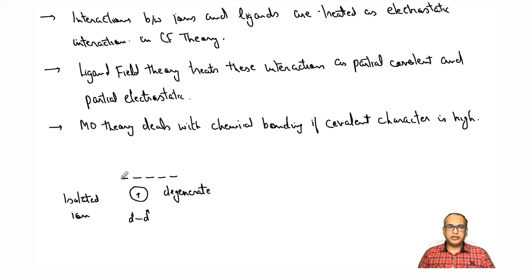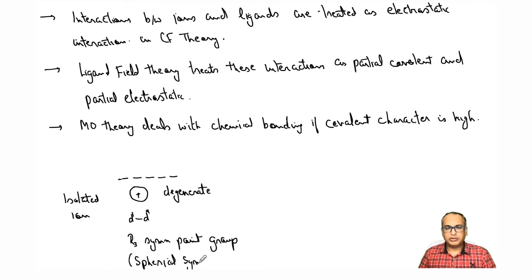And why will this be degenerate? Because this belongs to R3 symmetry, the R3 point group, which we have not discussed actually, also called spherical symmetry. You can think of any symmetry element and it will be present in this. That's why it is called a highly symmetric case.